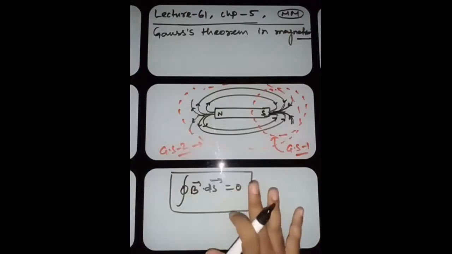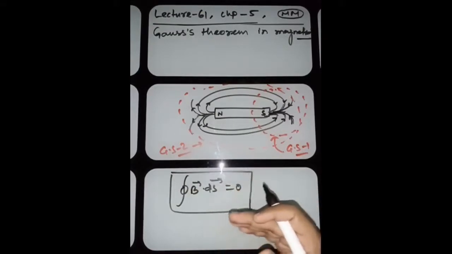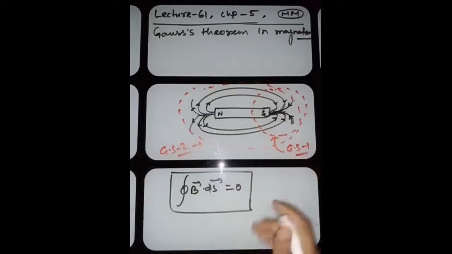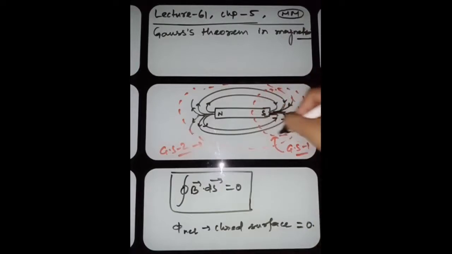Okay, my dear students, in another word, you can say that the total magnetic flux phi net through any closed surface must be equals to 0. If you're looking at this Gaussian surface 1, my dear students, you can see here the total field lines entering and exiting this Gaussian surface are the same.